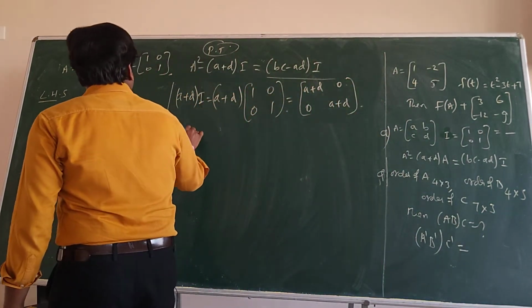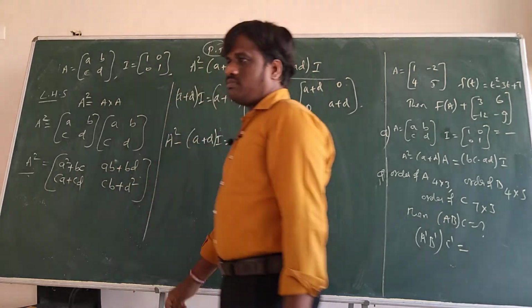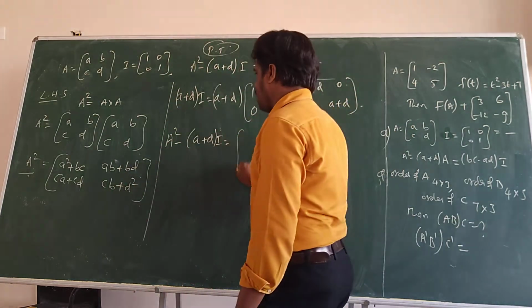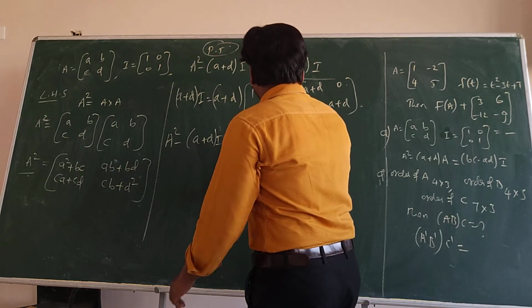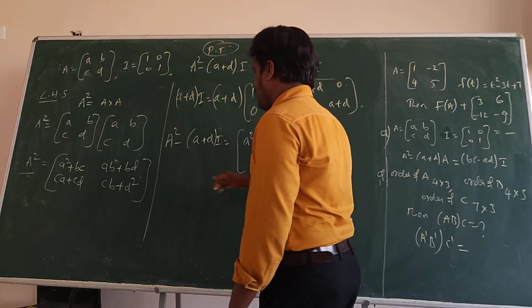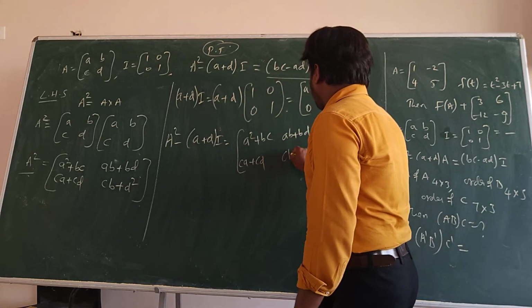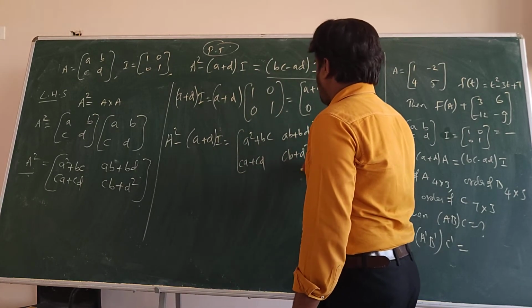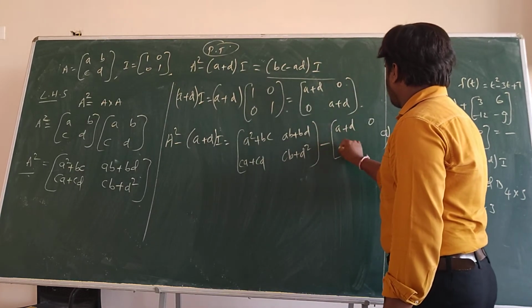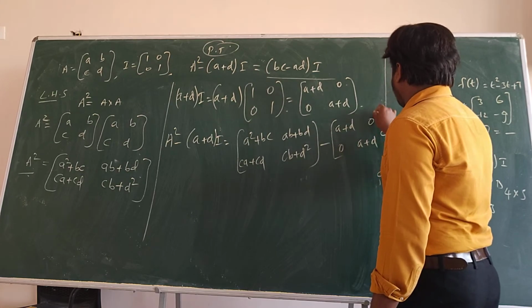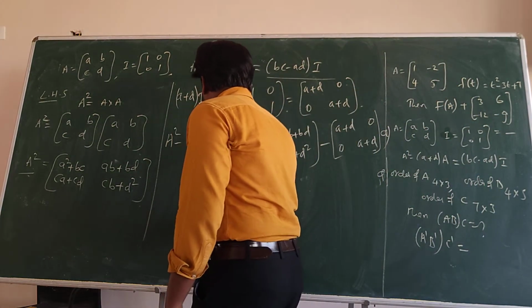A square minus (A plus D) into I. So A square is A square plus BC, AB plus BD, CA plus CD, CB plus D square, minus (A plus D) 0 0 (A plus D). Right? So if I subtract this, what I get?